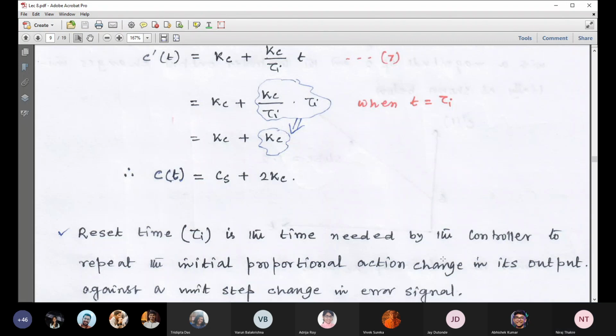This is the definition of reset time, extracted from this mathematical representation.